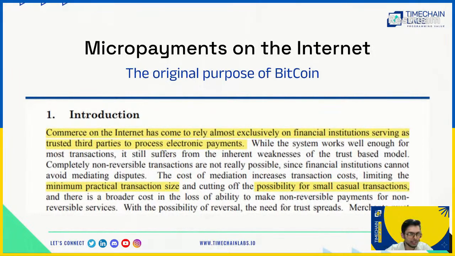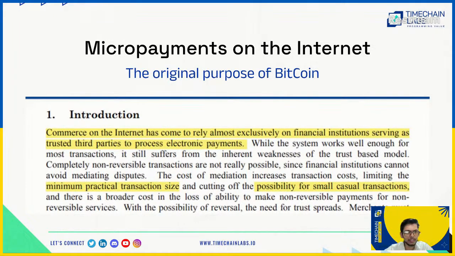Completely non-reversible transactions are not really possible, since financial institutions cannot avoid mediating disputes, because they are made to solve for payments done for objects having higher value. They're not made for irreversible services like data priced very small, and that's having a broader cost associated with doing payments in a traditional system.